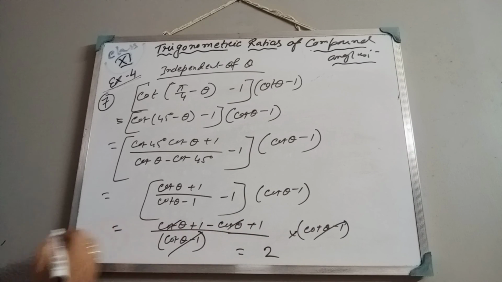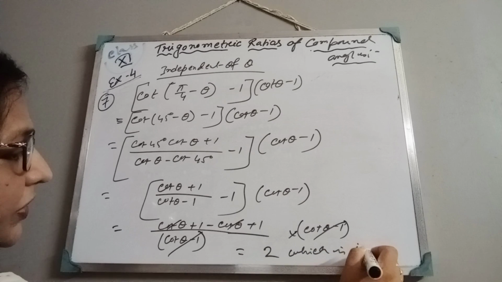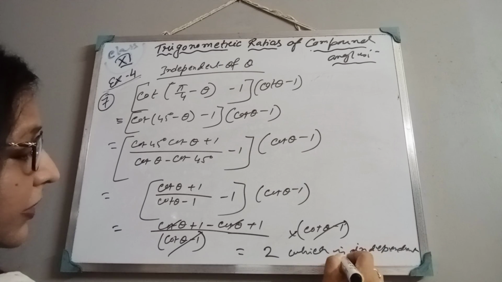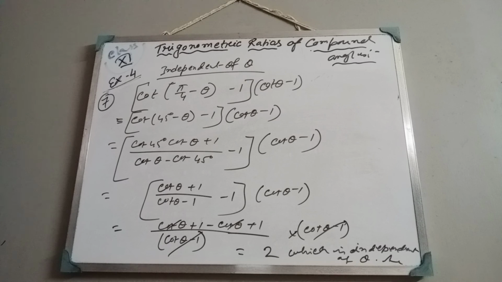So it is coming only 2, which is independent. Only a numerical value we have got, which is independent of theta. That is the answer.